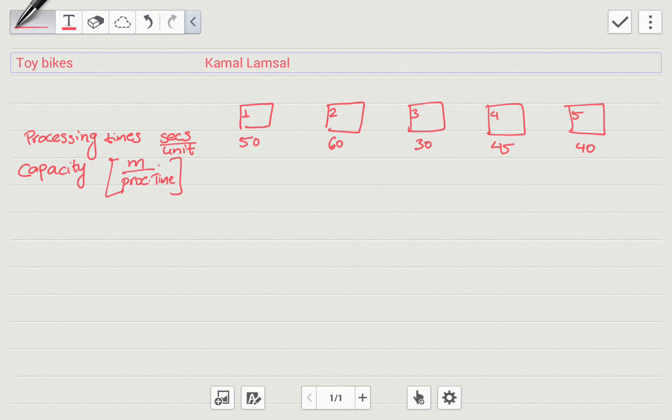Given that there is 1 worker in each station, the capacity is just 1 divided by 50. Now the unit here is units per second because the processing time is expressed as seconds per unit. The values are 1 by 60, 1 by 30, 1 by 45 and 1 by 40.